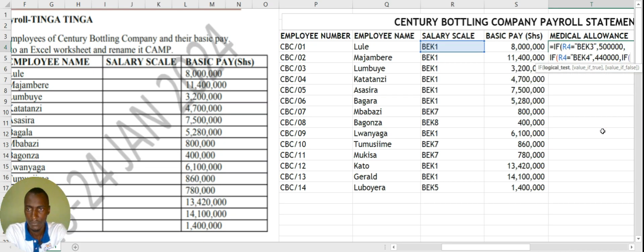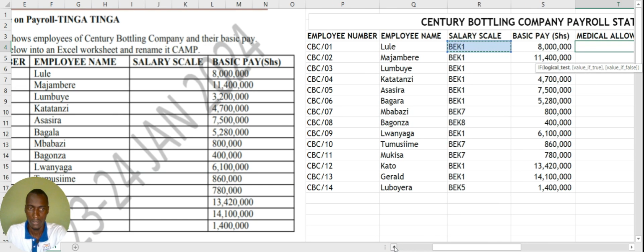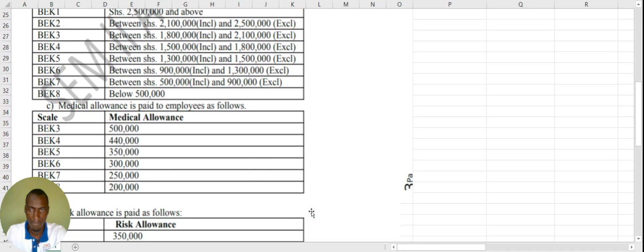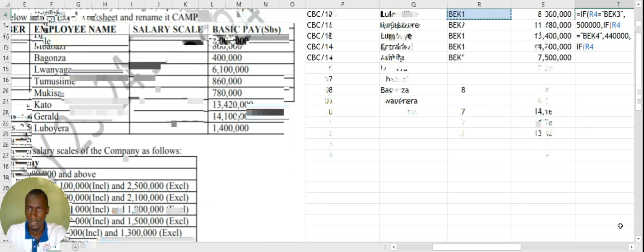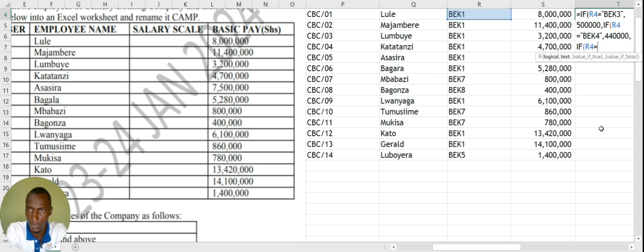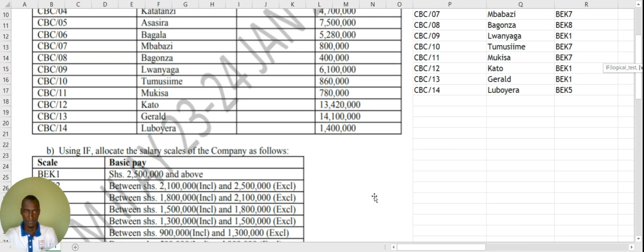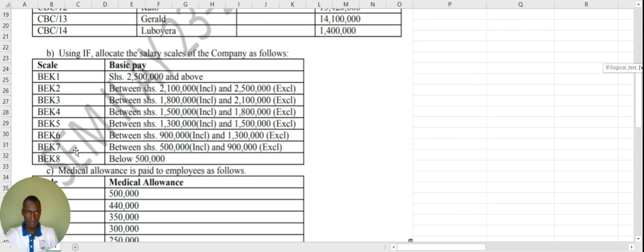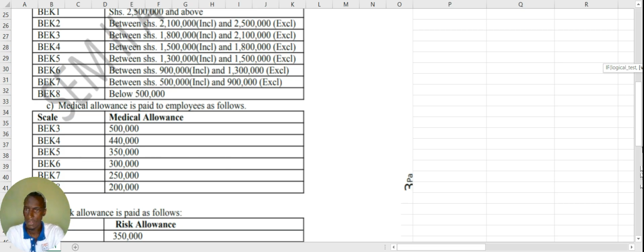Then if our salary scale equals BEK5, then the medical allowance is 350,000. Since BEK5, let's check, BEK5 is 350,000. Okay.